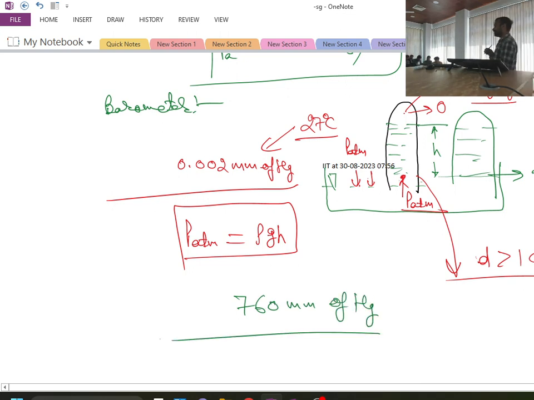Now this point will explain why we go for mercury in barometers. If I convert this height into the equivalent height in terms of water, how much will it be? If you convert this into the equivalent of water, you will find the height is 10.3 meters of water.